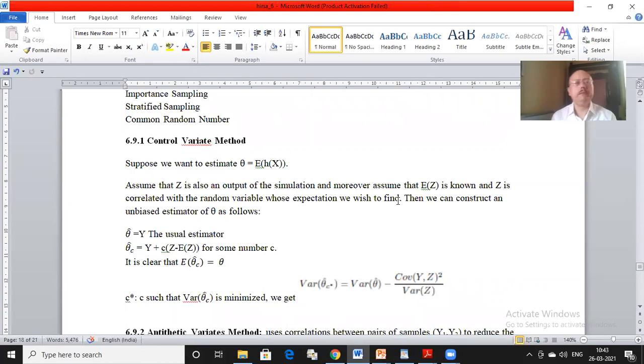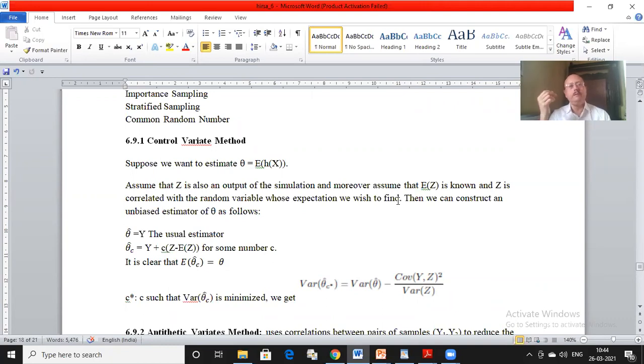So the control variate method works in the following way. Our target is, of course, to estimate theta, which is the expectation of h(X), where h is the target function. Now assume that Z is also an output of the simulation. So when I do the simulation, I get some byproducts. Z is the byproduct.